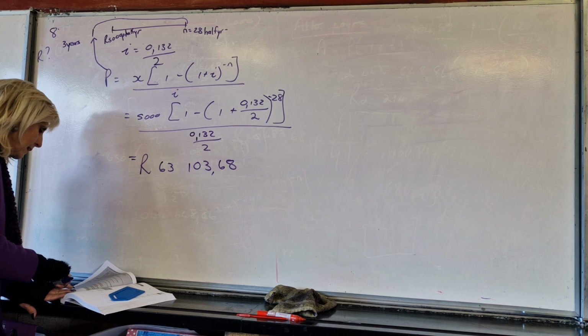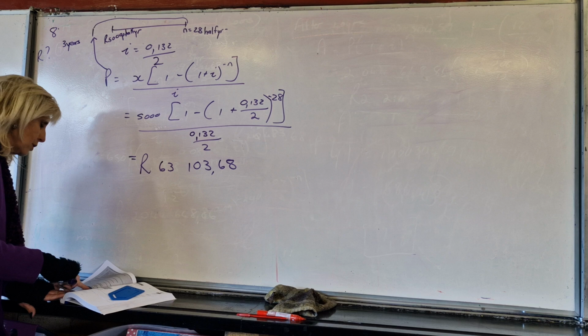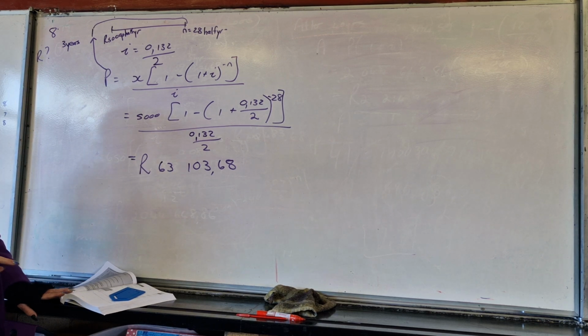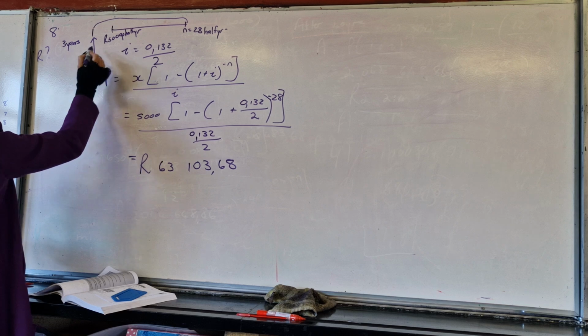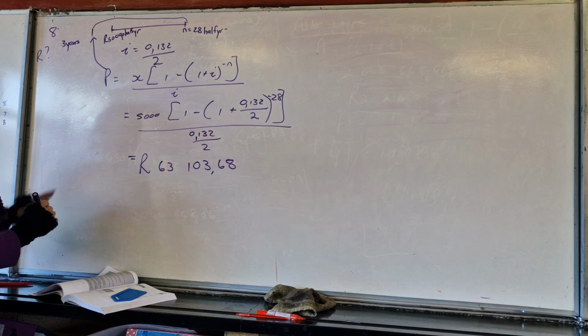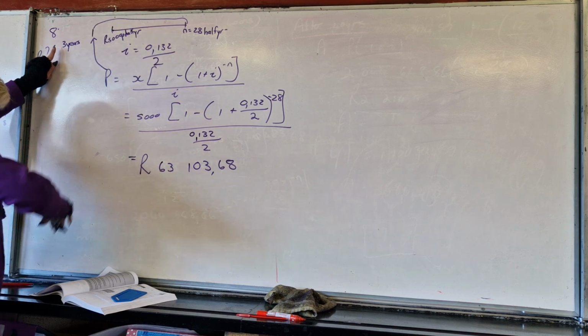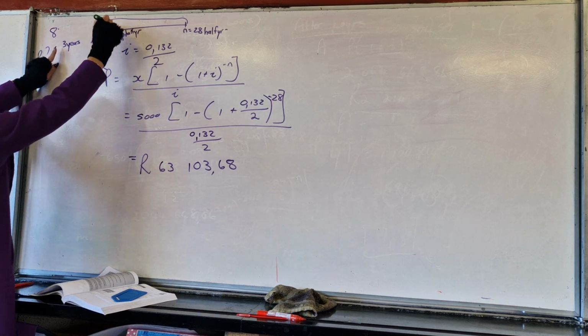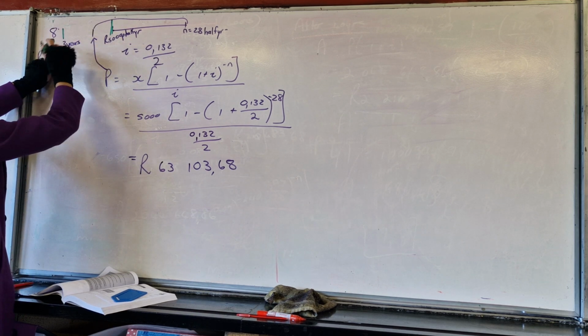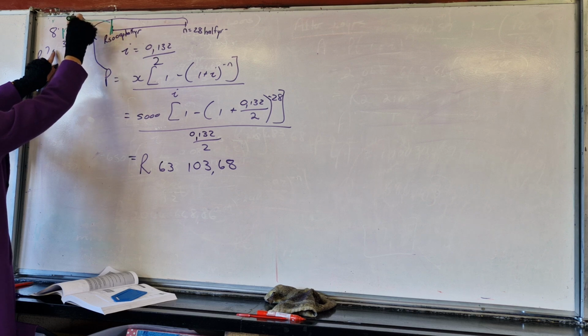Where am I now? The payments only start in 3 years' time. So where's the 3 years' time? 3 years is up to there. That's when I pay. So this was 3 years from there to there. Are you with me?